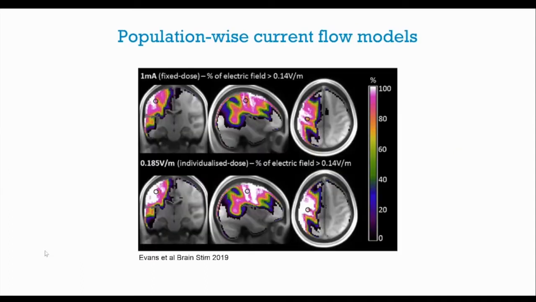We go from the individualized application of current flow models. We can look at entire populations, be it in patients or healthy subjects, and ask questions about whether the population is really generally delivered to where I would think it is. This is an example from Karis Evans from a recent study looking at 50 subjects and 2 different types of stimulation.